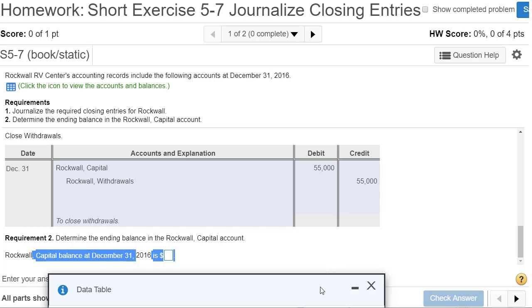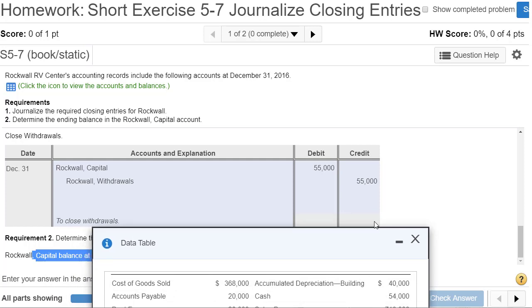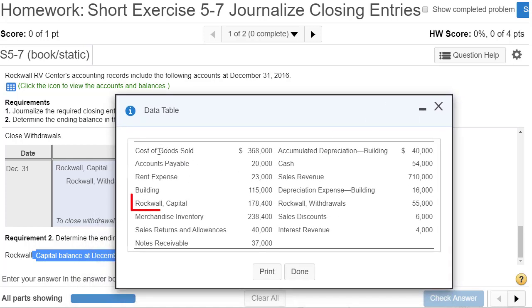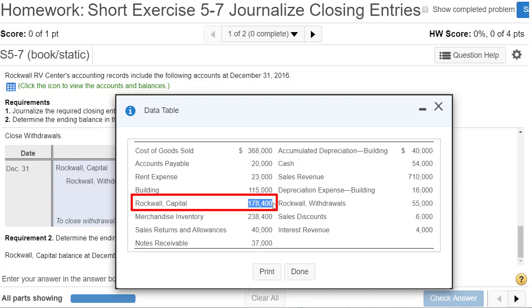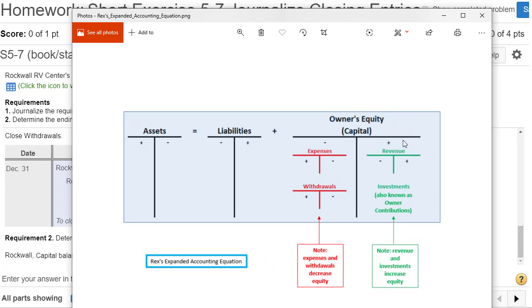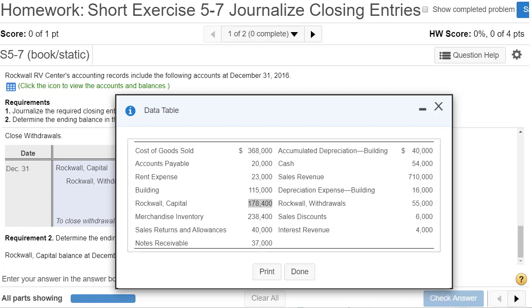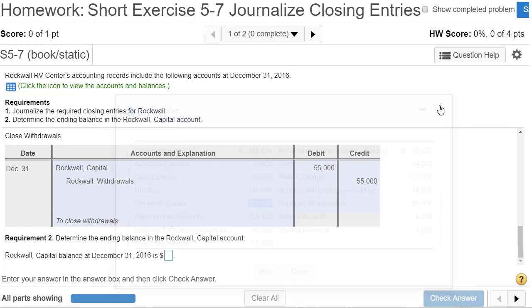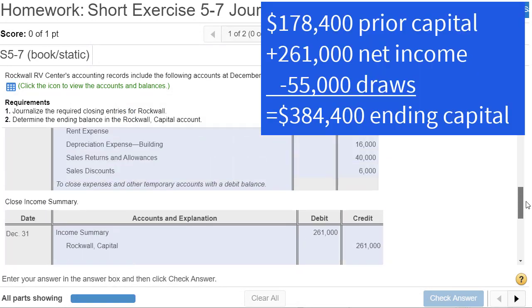To remember, we might have had a balance of capital before this period. So let's look to see if we have a capital account. So we've got 178,400 in capital before this whole closing process started. If we have a balance of capital, that's on the plus side, so that is on the right side of the T account. So we started with 178,400.